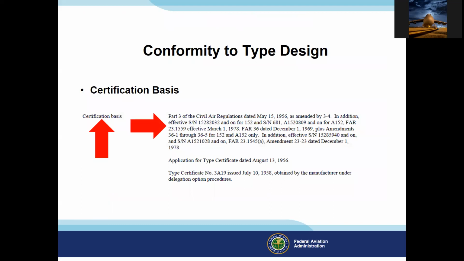Smaller aircraft are type certificated under Part 23 normally. What we're looking at here is the 150. If you notice, that's CAR 3, but also at a certain serial number, it does incorporate FAR 23.